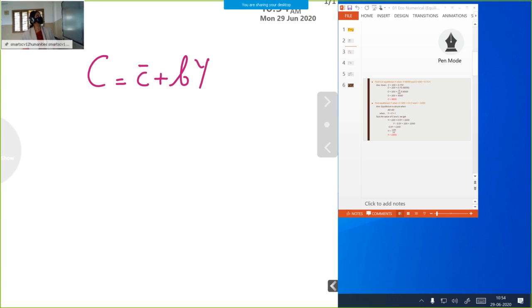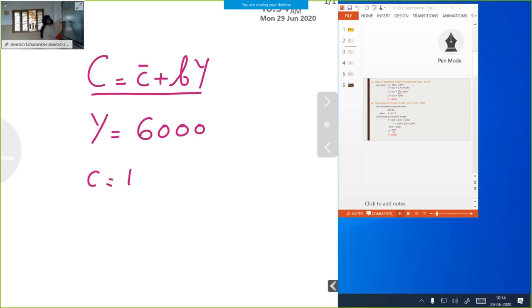Here they have given the level of Y at equilibrium. Then Y is equal to 6000. Right? Then what else is given?